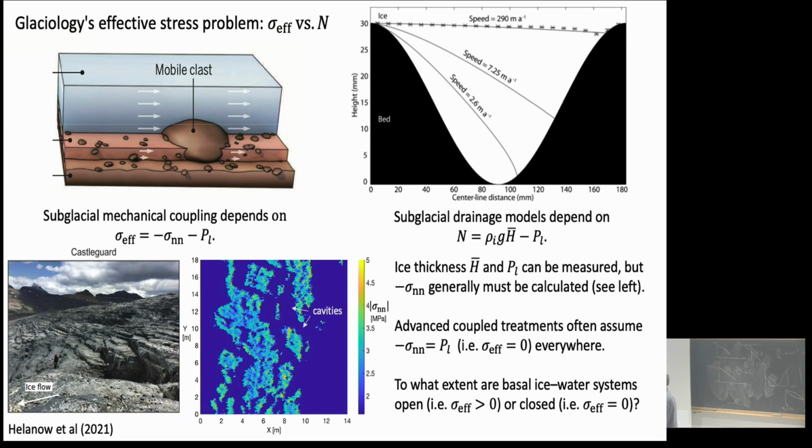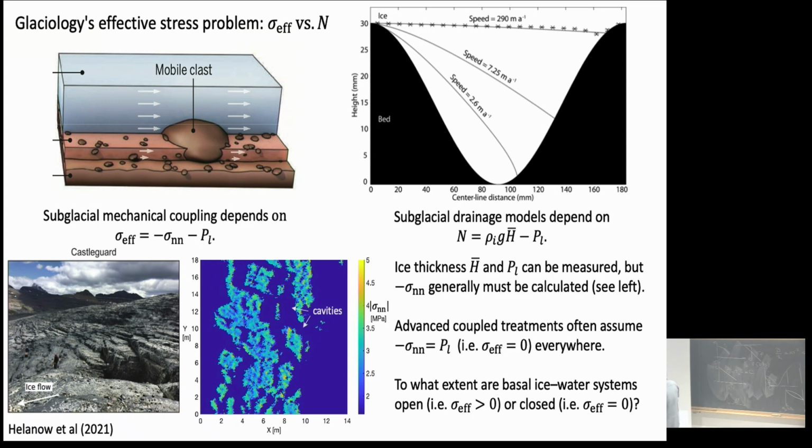And we wind up with enormous gradients in stress along this hard bed, and that is perfectly fine for allowing water pressure to equal ice pressure, just as long as the film thickness that separates the two things is thin enough. Okay? So this is not going to be enough to tell us which situation is correct.